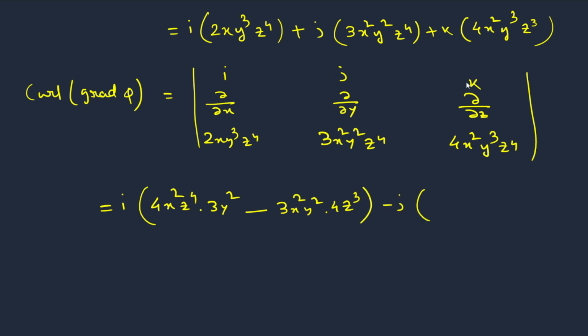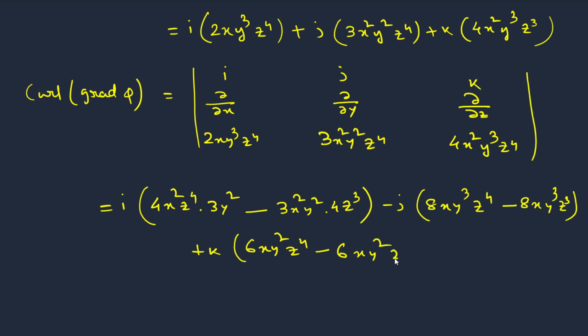Minus j into, this row, this column vanish, ∂/∂x of this, so it will be 8x y³ z³, minus ∂/∂z of this, so it will get 8x y³ z³. And the last term, k into, this row, this column vanish. So we'll get 6x y² z⁴ minus ∂/∂y of this, you'll get 6x y² z⁴. Okay, so this is the answer.